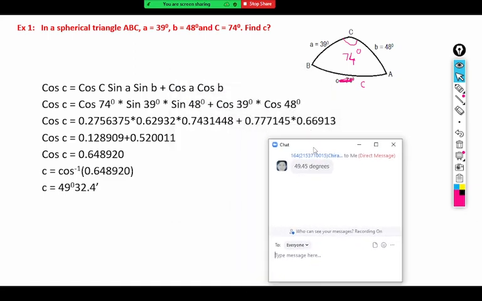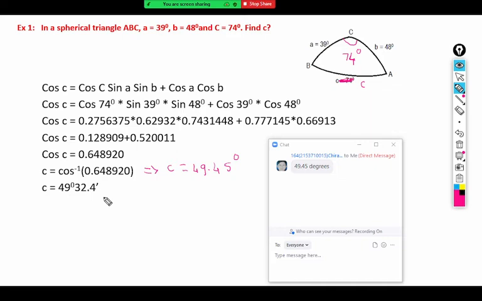Someone gave the answer, I think Chirag. So he gave the answer 49.45. Remember, generally the angles are given in decimal form, and you can write 49.45 degree as the answer in the exam also. I'm not saying that's wrong. But if you want your answer in degrees and minutes, I already told you to press the shift button and then press the button of degree, minutes and seconds, that is below the square root.